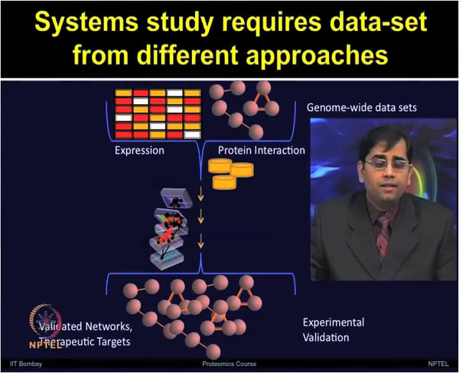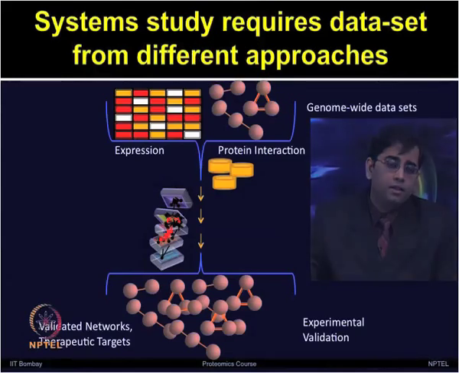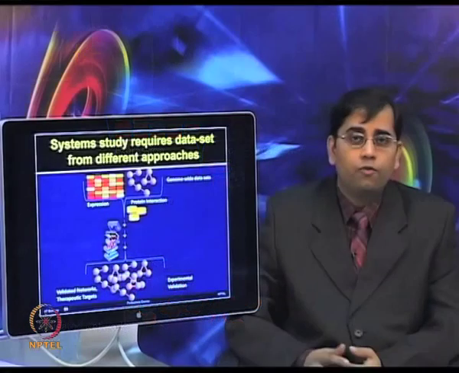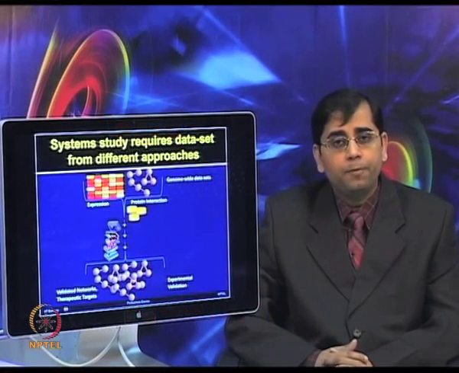These data sets can be stored in the clinical databases and also can be mined from the literature by manual curation. Then integration of the orthogonal data sets can further be used for validating the networks and identifying therapeutic targets. Further, it can be used for experimental validation.